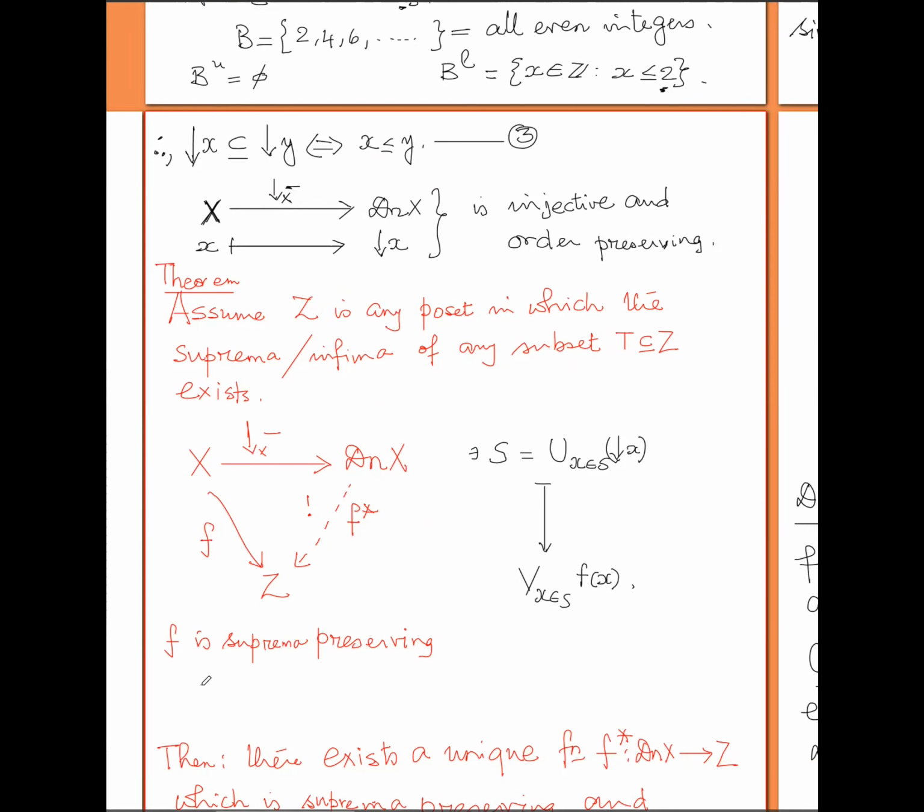That means if you have a subset S of X such that the supremum of S exists, then F of the supremum of S is this.